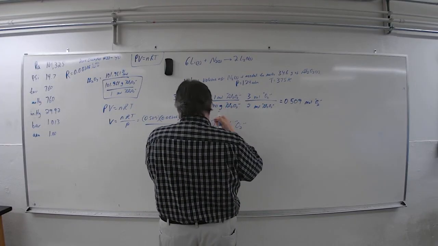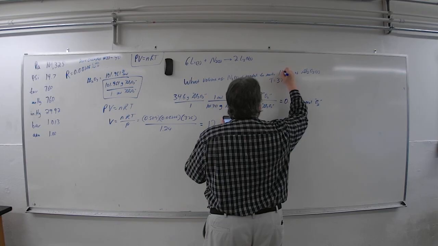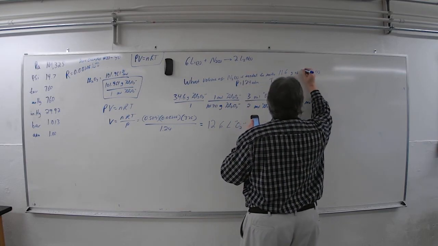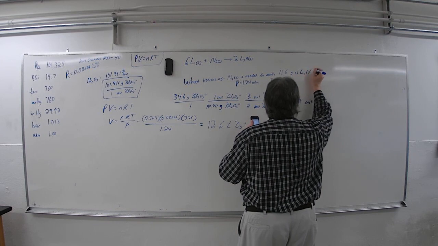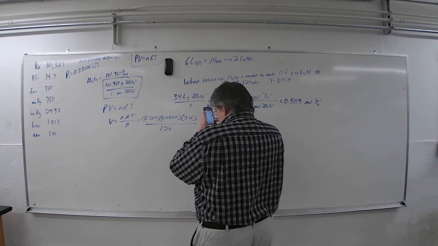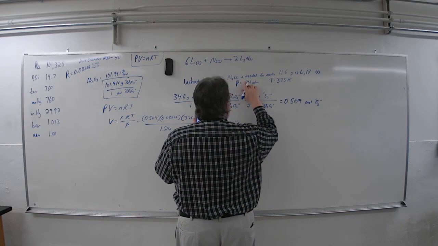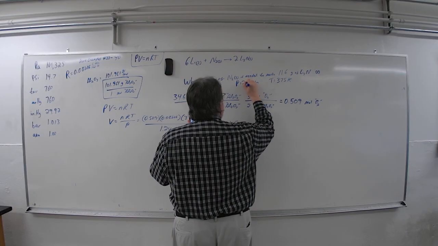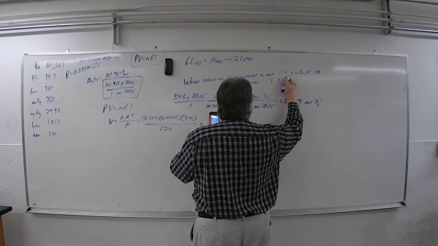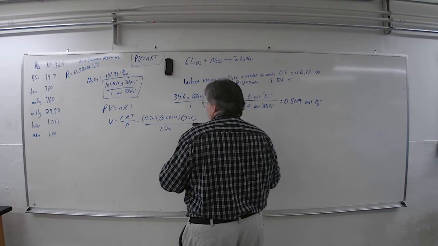What volume of N2 is needed to make 11.6 grams of Li3N solid? And this time, 2.45 is the pressure at 396 K.